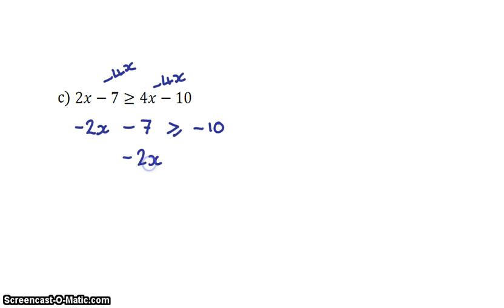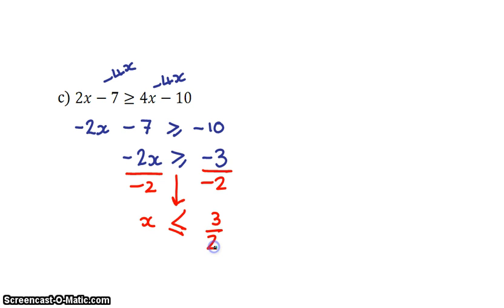I then plus 7 to both sides, and then I'm going to divide by negative 2. But as soon as I multiply or divide by a negative, I must swap that sign around. So I get x is less than or equal to 1.5, 3 over 2. So less than or equal to. So here would be 0, less than or equal to.